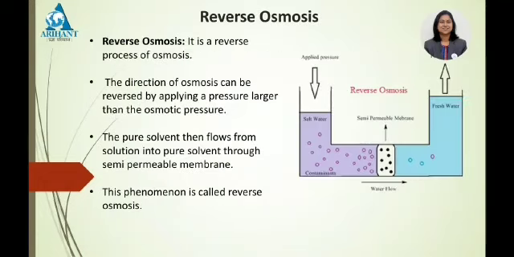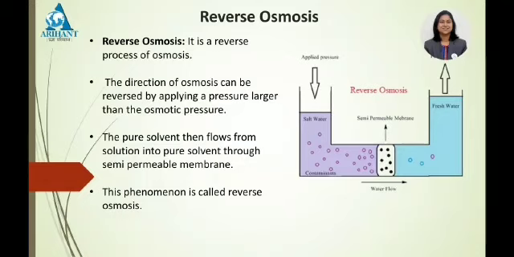Now students, we have studied osmosis, we have studied osmotic pressure also. Related to this, there is reverse osmosis. The picture will be more clear if you see the diagram. It is the reverse process of osmosis. The direction of osmosis can be reversed by applying a pressure larger than the osmotic pressure.